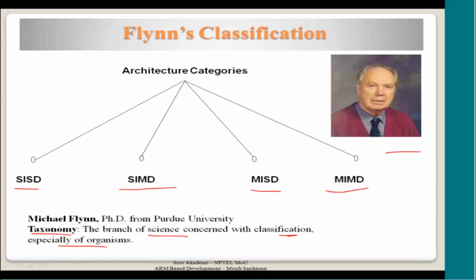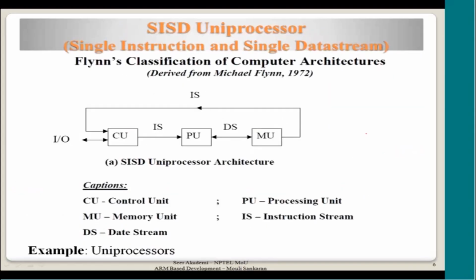So let us see what they signify. SISD is a single instruction and single data stream. That means there is a CPU and a memory. It accesses a stream of instructions, and based on what the instruction wants, it accesses the data also, and then the processing continues.